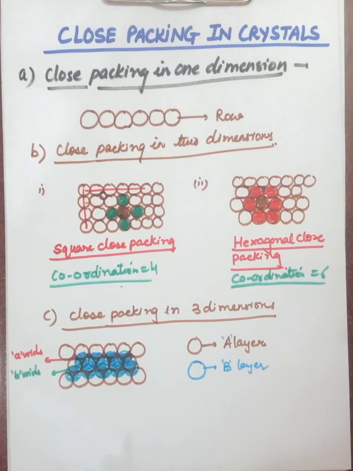If we try to place the particles above the C voids or above the D voids, the arrangement will be different. In the first layer we chose A or B voids to have the B layer, and the same kind of arrangement we were getting, either filling the A void or B void. But now for the third layer, if we try to fill the C voids or D voids, the arrangement will be different. It will not be clear in this diagram because a three-dimensional structure is difficult to understand here.